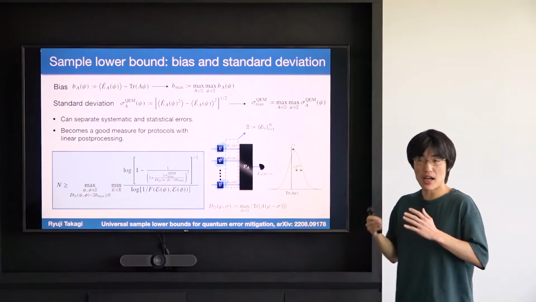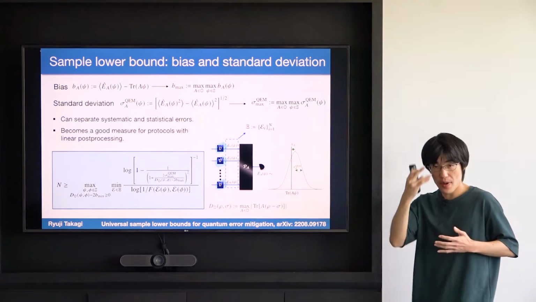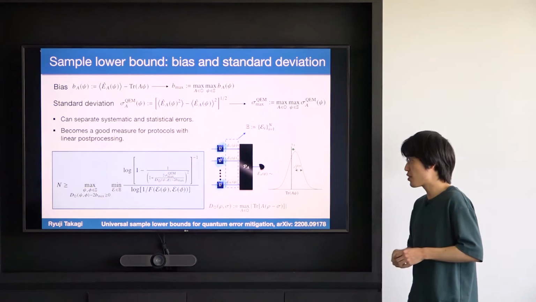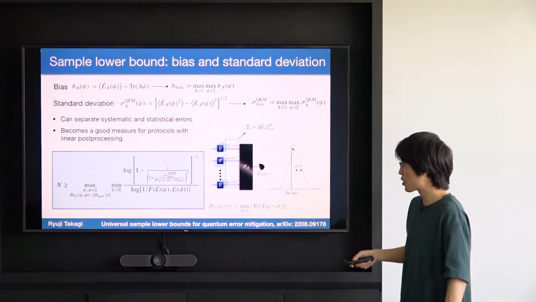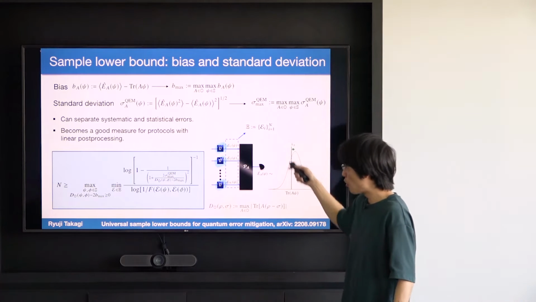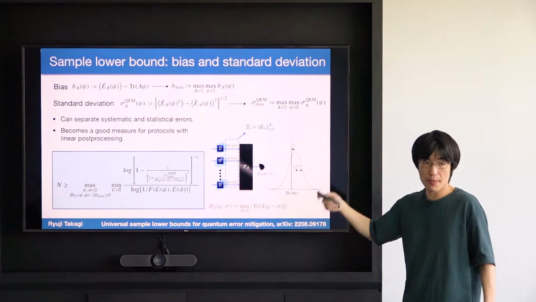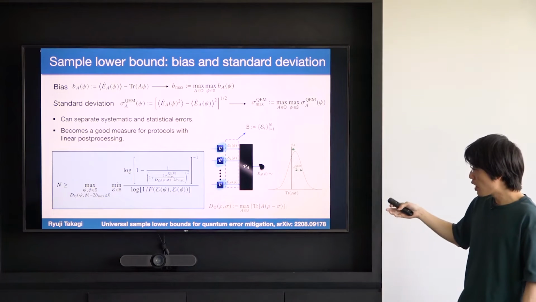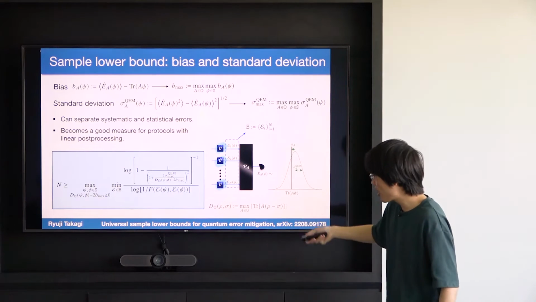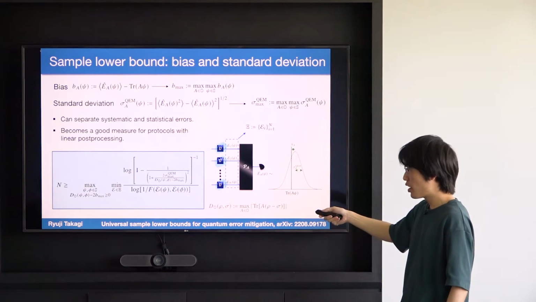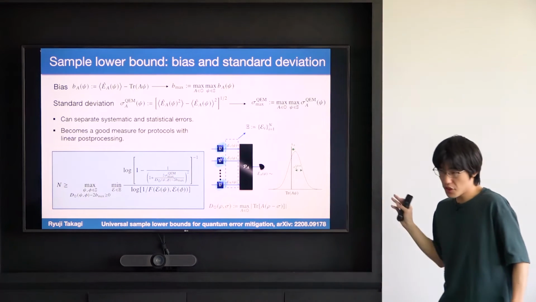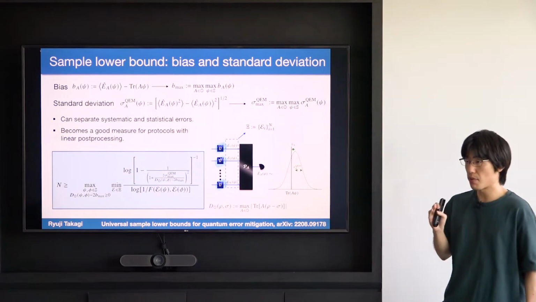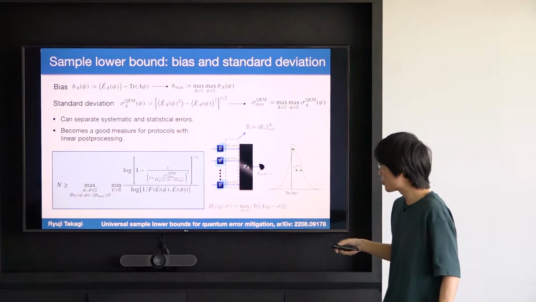But it might have a drawback if you are interested in high success probability, in which case you might want to use the first framework. But anyway, this also gives you this kind of sample lower bound. Again, this looks complicated, but the denominator is the same. Again, if the fidelity goes to 1, then this gives you a larger sample cost, and so forth.